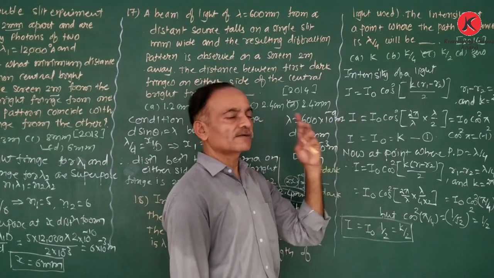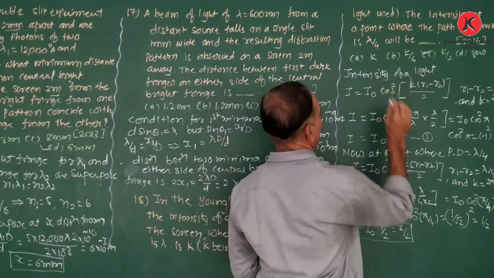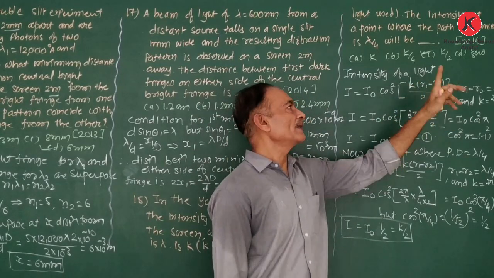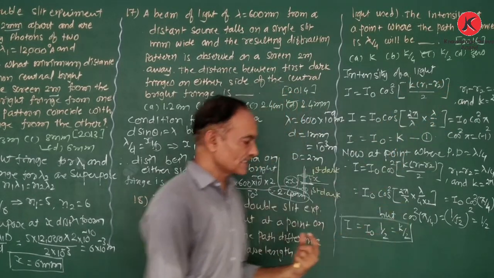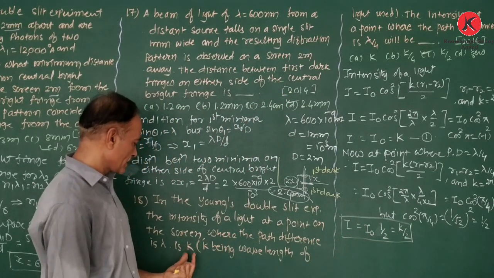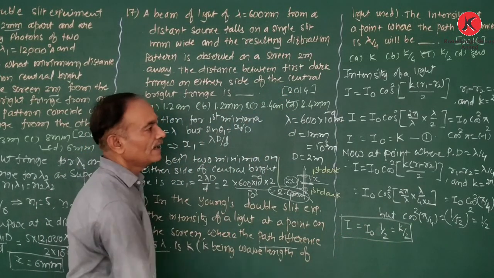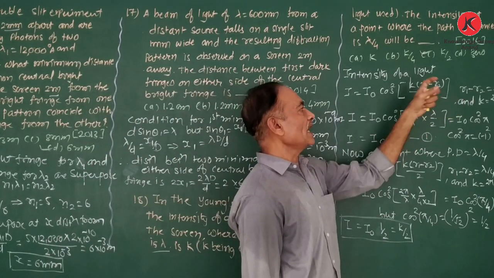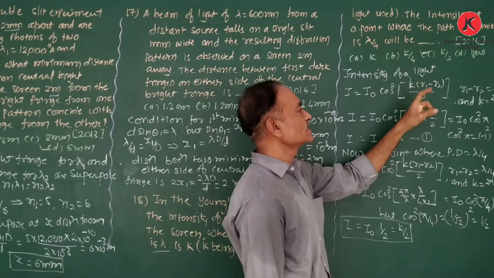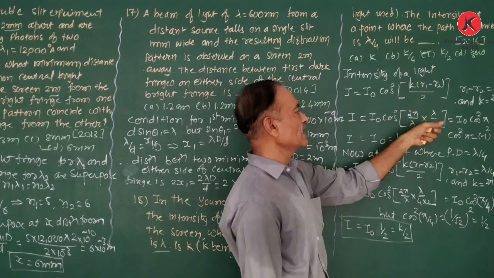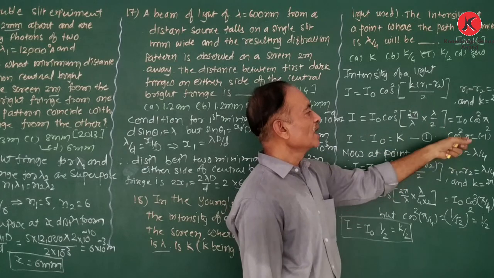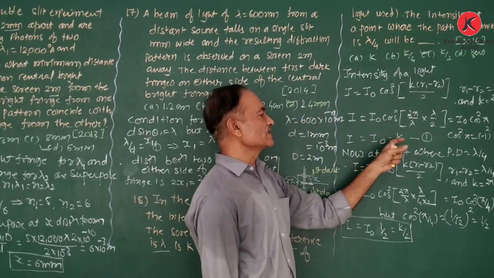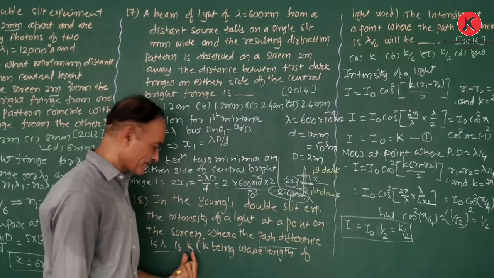Here K is the wave vector 2 pi upon lambda, and at the point where the path difference is lambda, the intensity is K. Therefore we substitute I1 minus I2 as lambda and K as 2 pi upon lambda. Lambda cancels, 2 cancels, cos square pi is (minus 1) square, that means 1. Therefore I is equal to I0, but I is given as K.